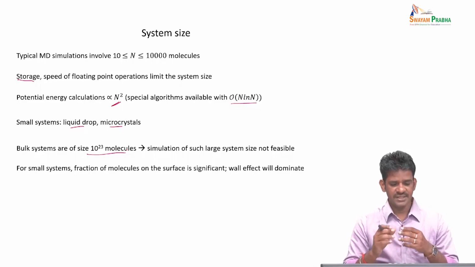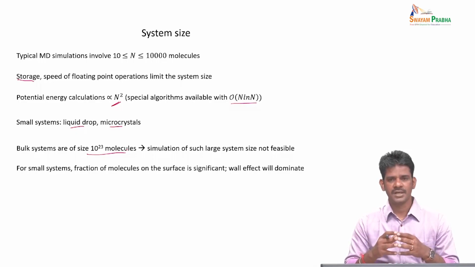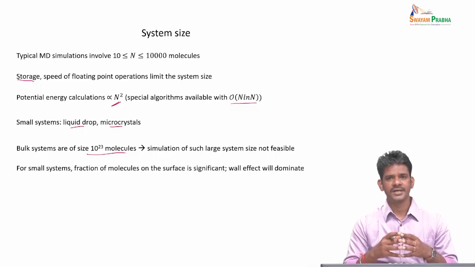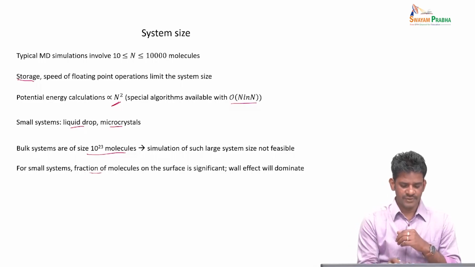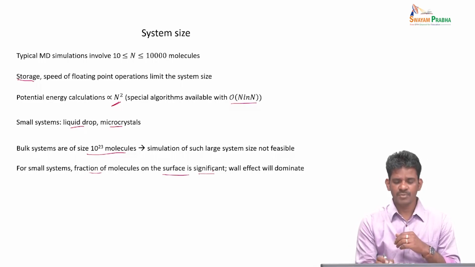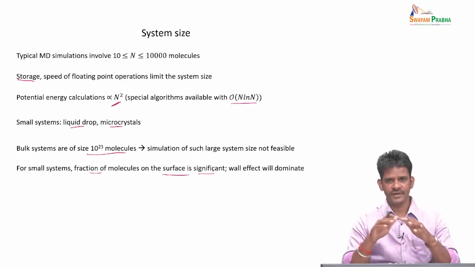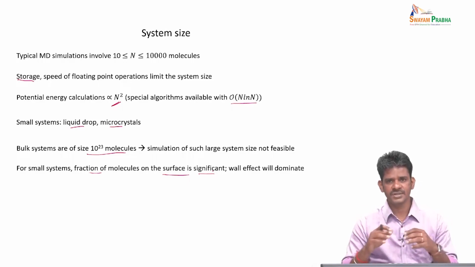It turns out that we can still use a very small system size and try to predict properties corresponding to a bulk system, provided that we take certain measures to avoid the wall effects or surface effects. One of the main problems with a very small system size is that the fraction of molecules on the surface is far more significant, and the effect of the walls of the simulation box will play a major role in controlling the property.